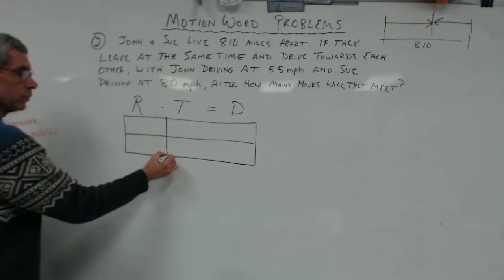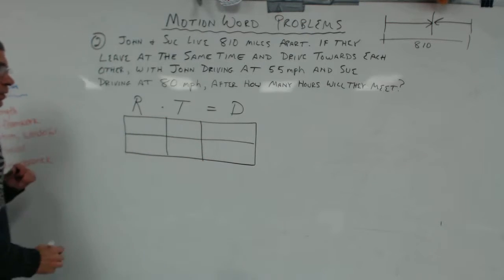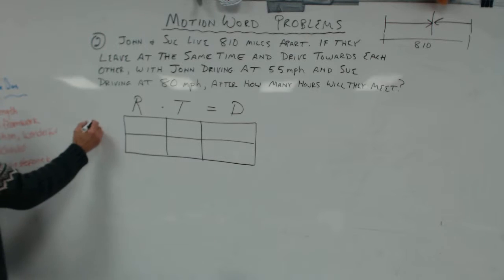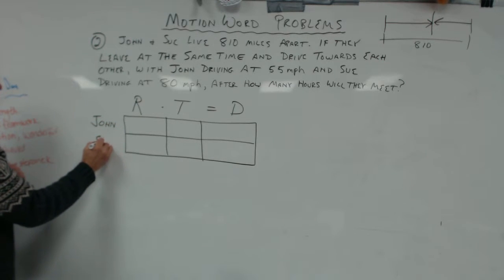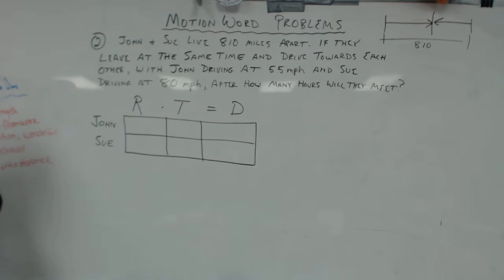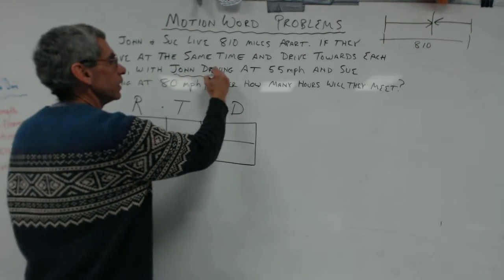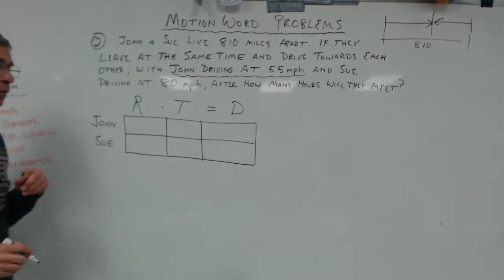And we're going to split them up into columns. I know one of them is John, so I'm going to put John. And the other one is Sue. I'm going to put Sue there. And now I just fill in everything into the box, right? So Jax, tell me something I can fill in. John is driving at 55 miles per hour. Where would I put that?